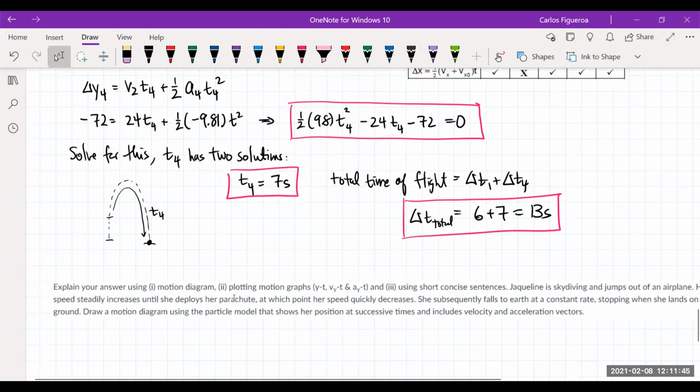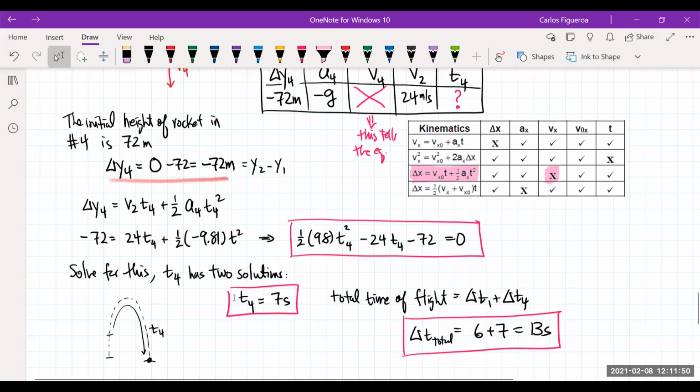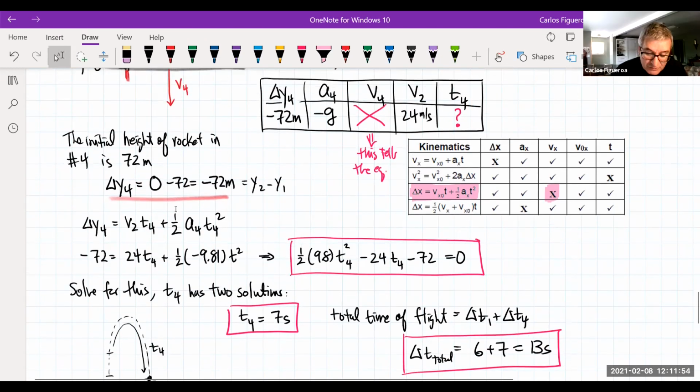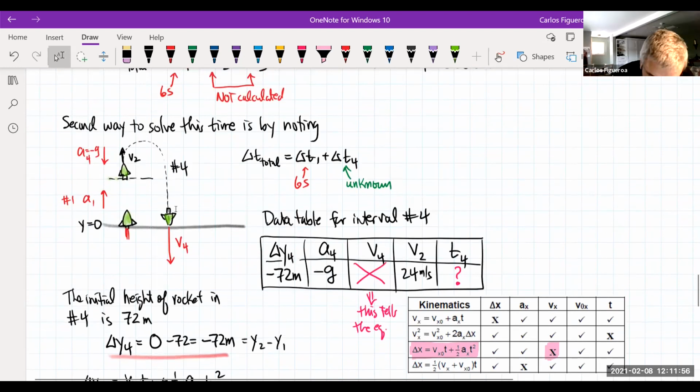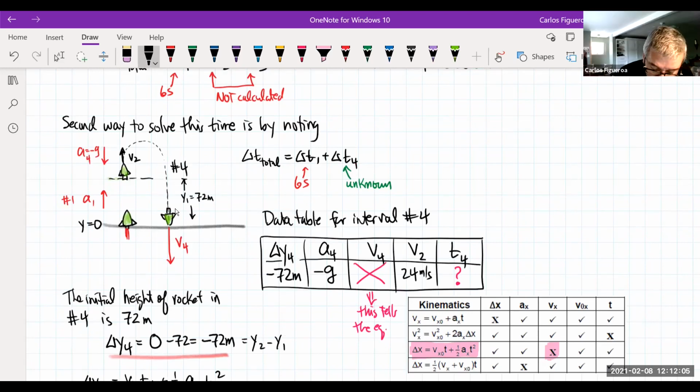If it's final minus initial and you start at 0, why wouldn't... No, you do not start at 0. You start at this height right here. Oh, right, yeah, okay. 72 meters. You end at 0. So this Y4 is 0 right there. So the difference tells you that it must be 72 meters.